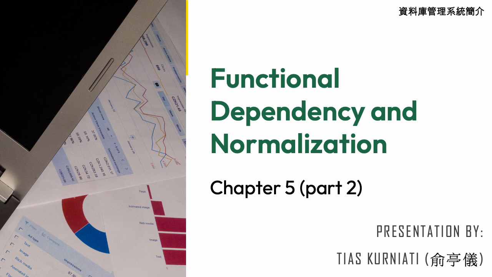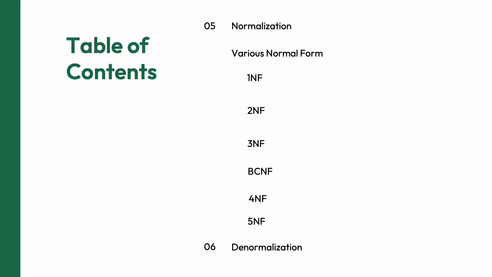And in this section, we will look into normalization and denormalization. Okay, let's start with normalization in this chapter, and then we will go into various normal forms, including first normal form, second normal form, third, and then BCNF, the Boyce-Codd normal form, then fourth normal form and the fifth normal form.